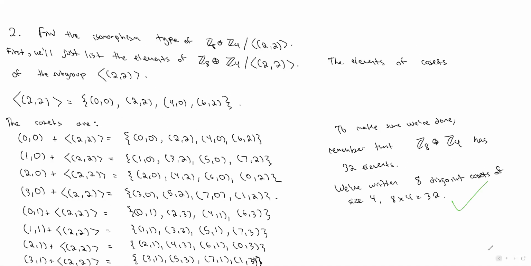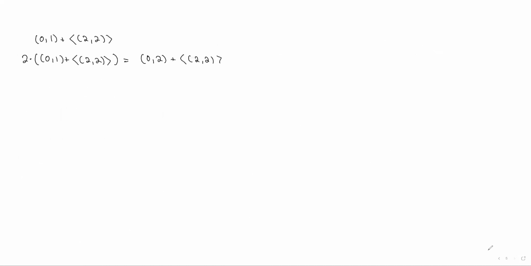Okay, so for (0,1) + <(2,2)>, if you add it to itself, you get (0,2) + <(2,2)>. And that's actually a coset we've already done. It's the same thing as (2,0) + <(2,2)>.